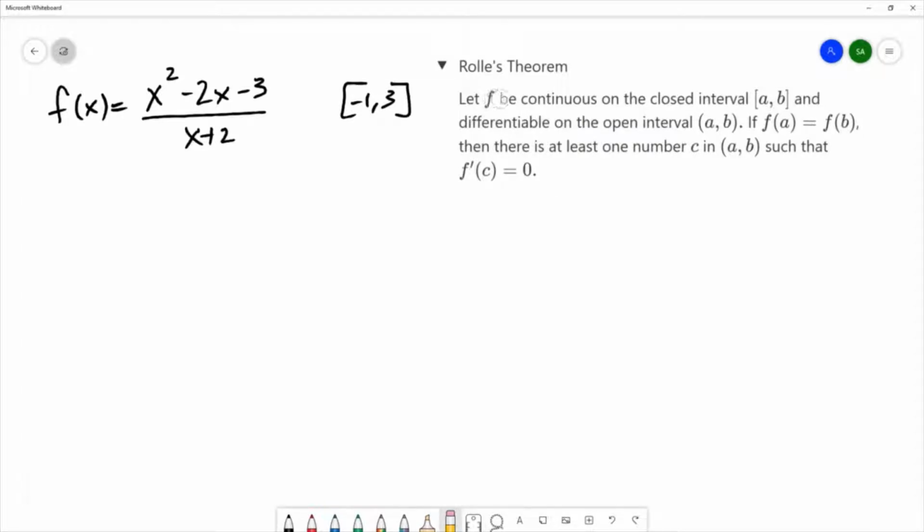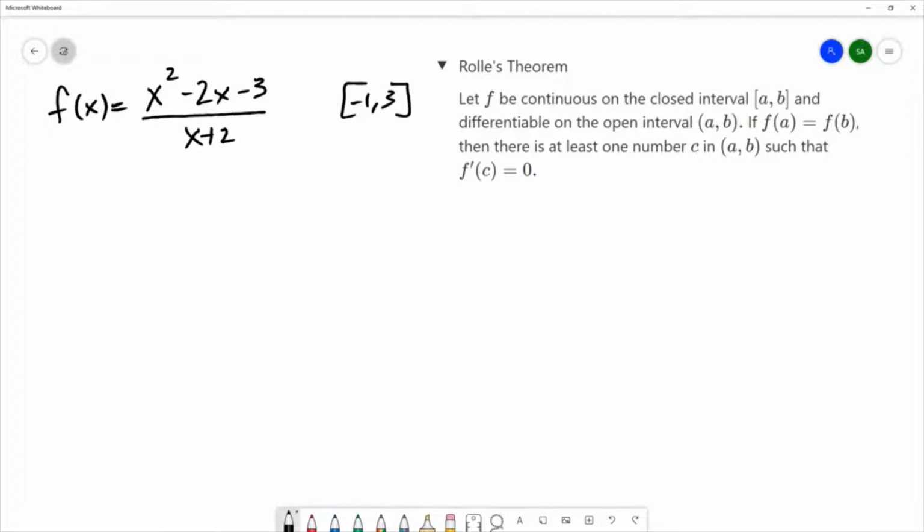We need f to be a continuous function on the interval from A to B. For our problem, our function f of x is x squared minus 2x minus 3 over x plus 2, and our interval is from -1 to 3.